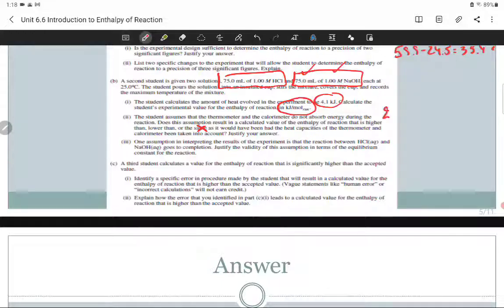And if we look at what we're supposed to do, so the student thinks you just do that. But you should always take into account the C-cal. So if you don't take into account the C-cal, that's going to impact this Q answer, and it's going to make it a little smaller than it should be. And if that's smaller, then the delta H is going to be smaller.